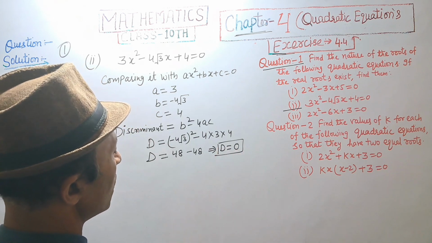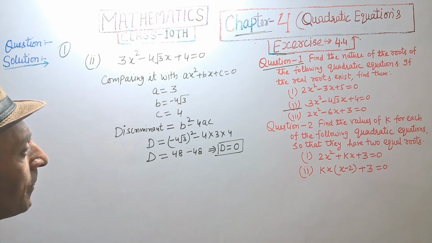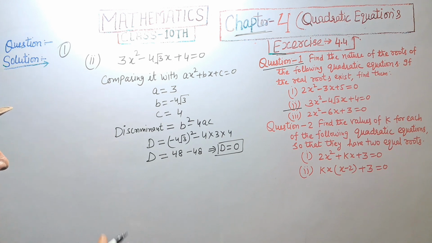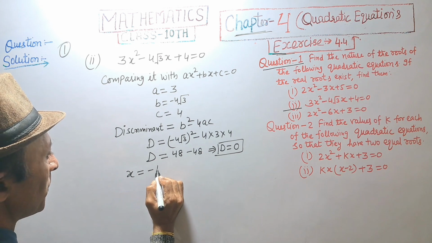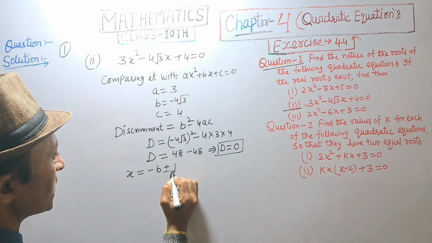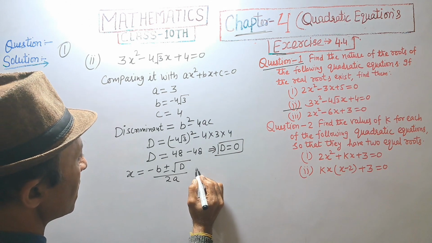When discriminant is equal to 0, then we get two equal roots, and x is equal to minus b plus minus under root D upon 2a.